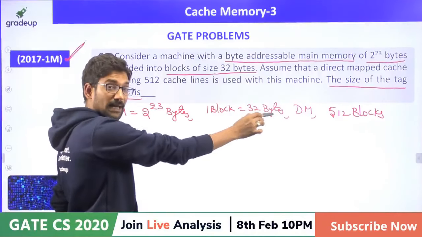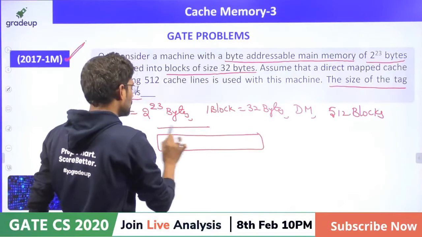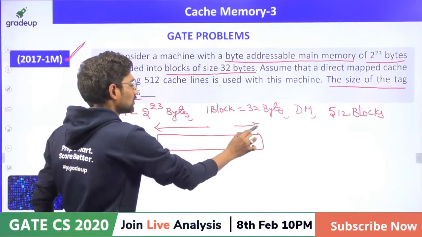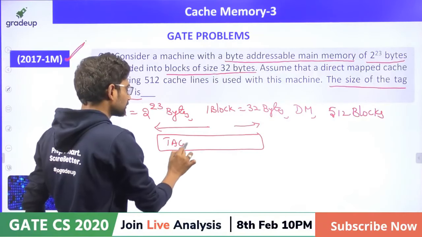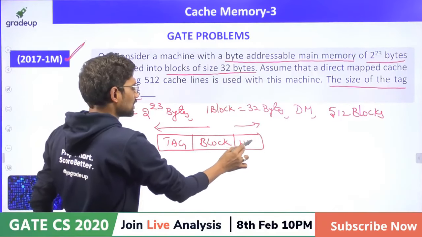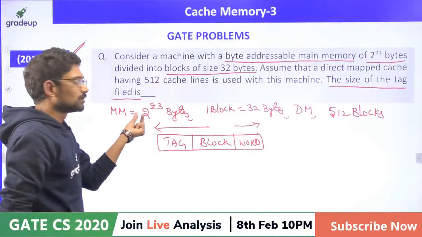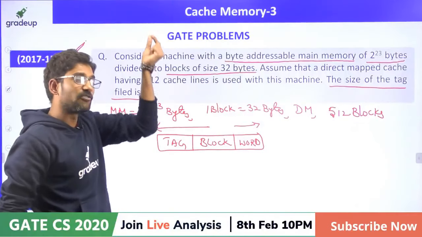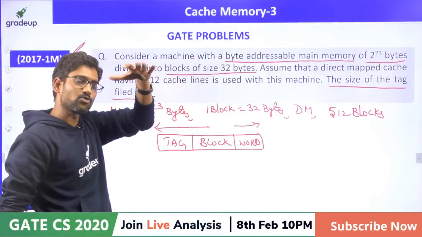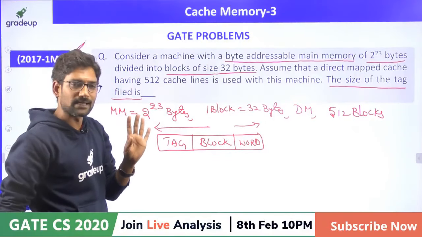So it's a direct mapped cache. So tag, block, word will be the interpretation of the address. Now, in our earlier example it was word addressable, 2 power 12 words, so 12 bits we took.